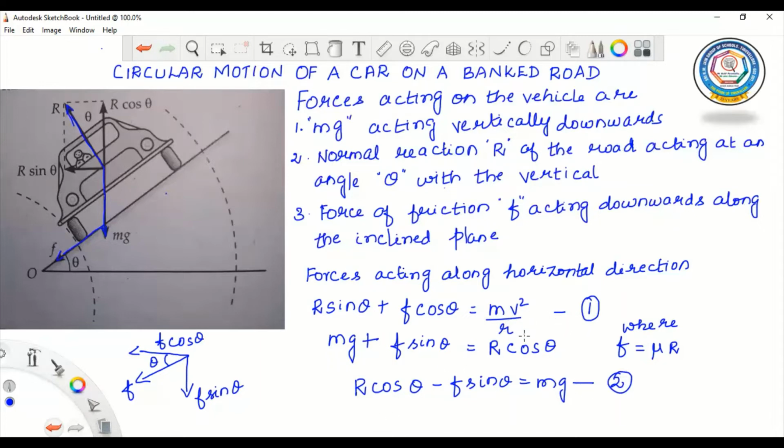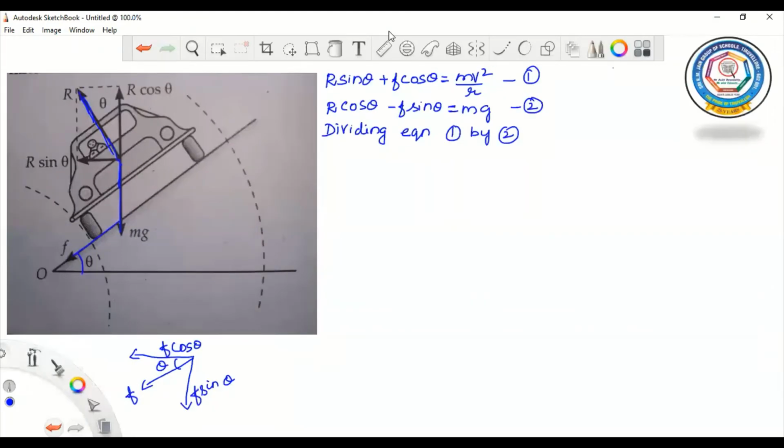When you divide equation number 1 by 2, we will get R sin theta plus F cos theta divided by R cos theta minus F sin theta is equal to mv square by r divided by mg.